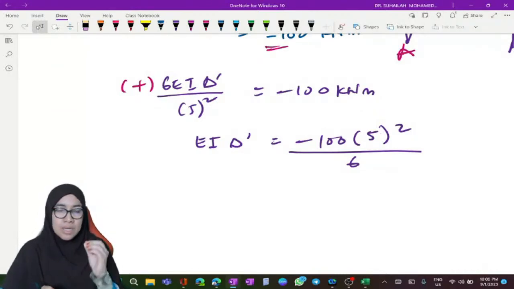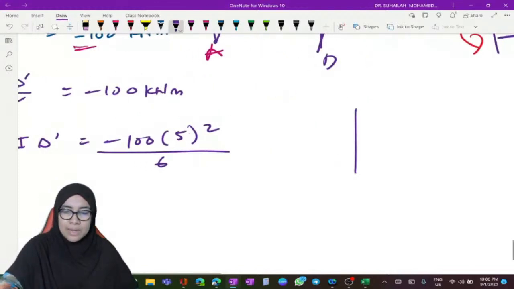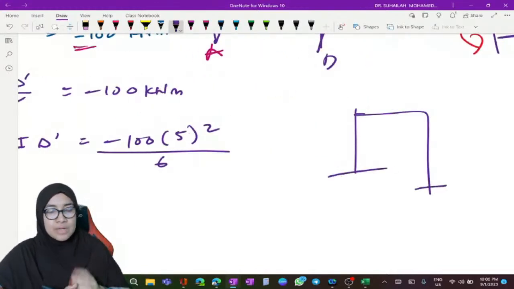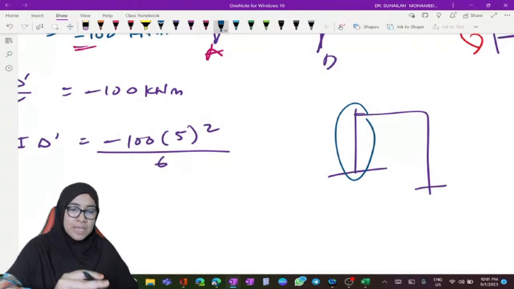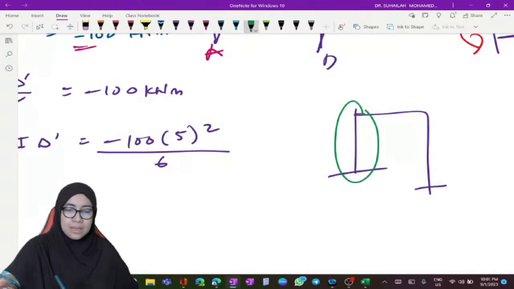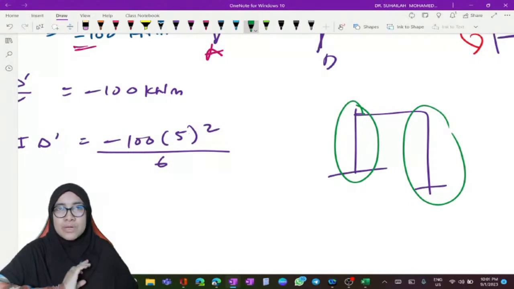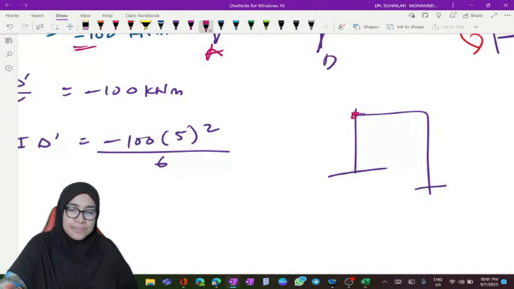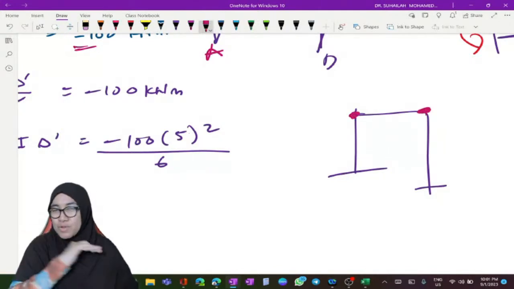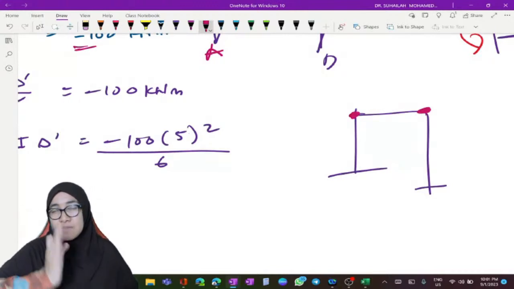For a frame with straight columns like this, we only have FEM for AB and CD. We don't need to calculate FEM for BC because delta for the beam is 0. From this position to this position, it moves horizontally, so there is no vertical displacement. We only focus on the horizontal displacement.